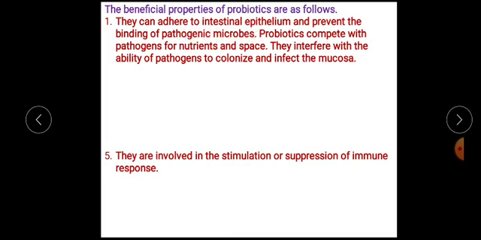So this involves competition for space. Probiotics also compete with the pathogen for nutrients, and this is how it leads to elimination of pathogens. So they interfere with the ability of pathogens to colonize and infect the mucosa. If epithelial cells and mucosa are not getting infected by the pathogens, the person is not going to suffer from disease.